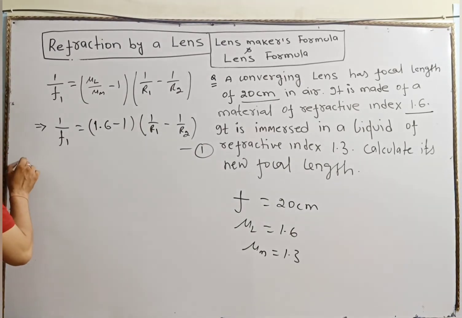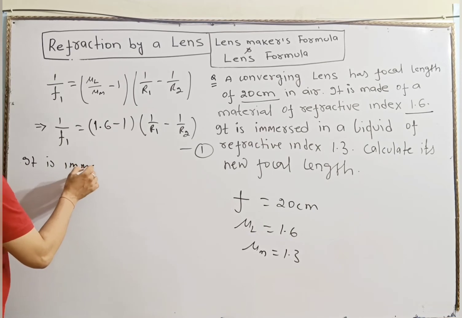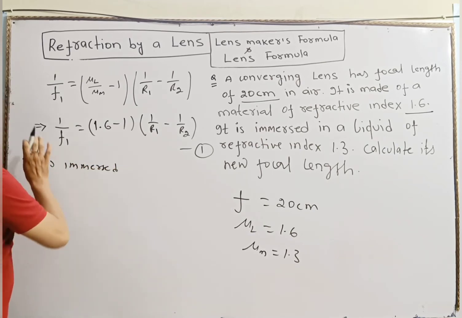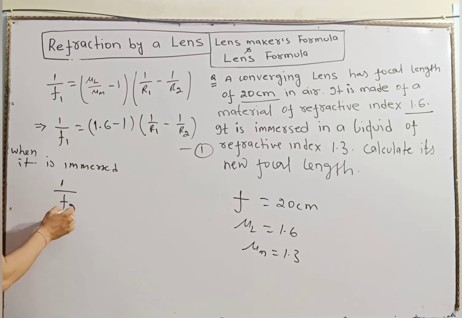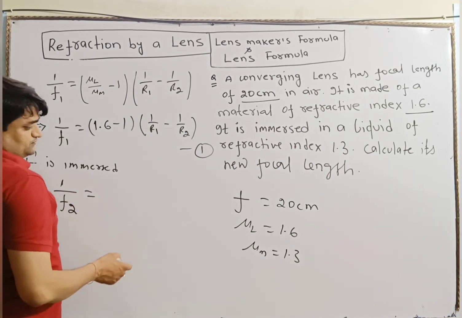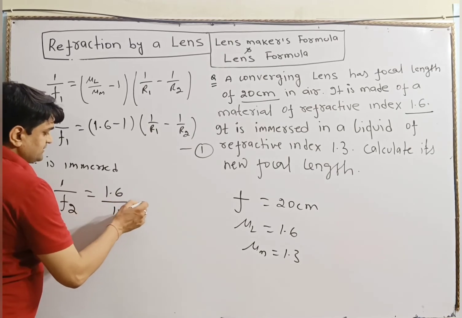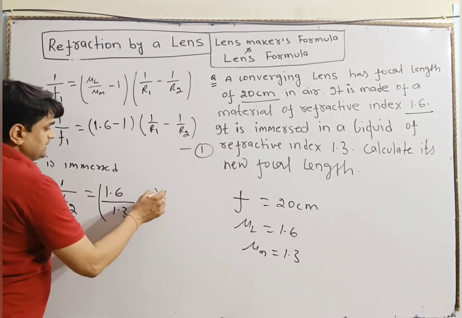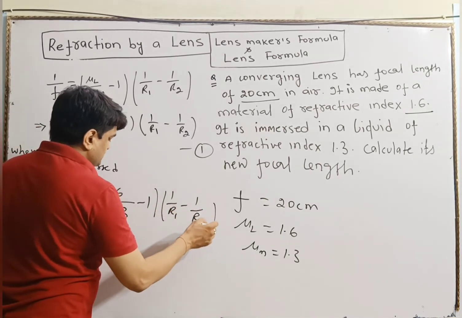Now when it is immersed, let the focal length be F2. Then it becomes (1.6 upon 1.3 minus 1) into (1 upon R1 minus 1 upon R2).